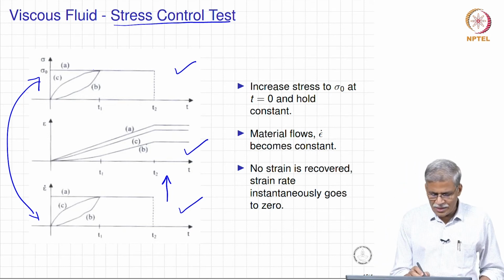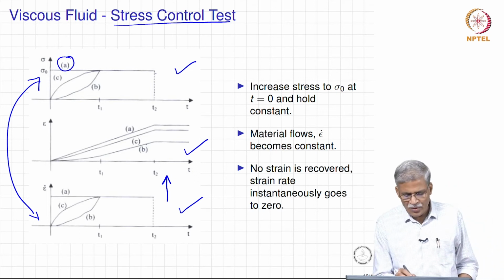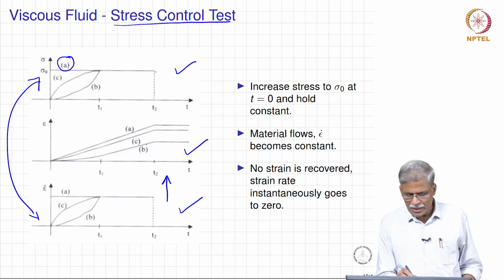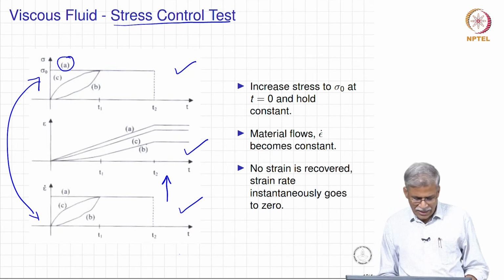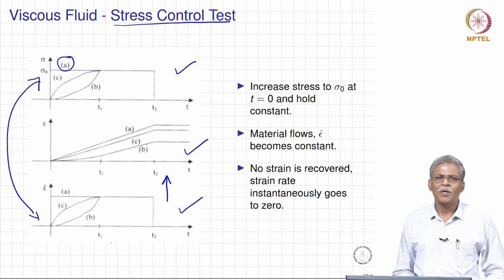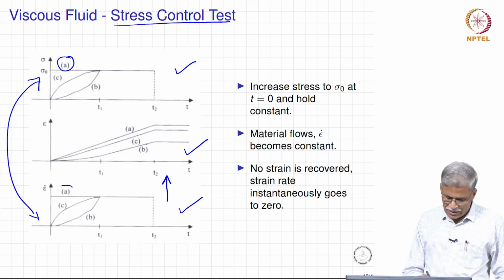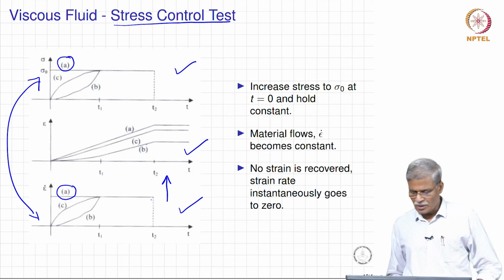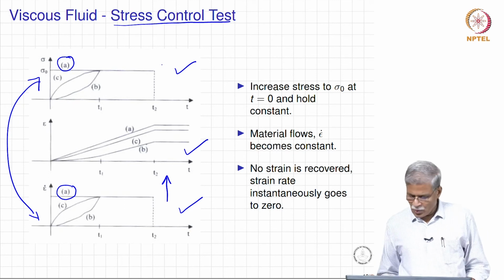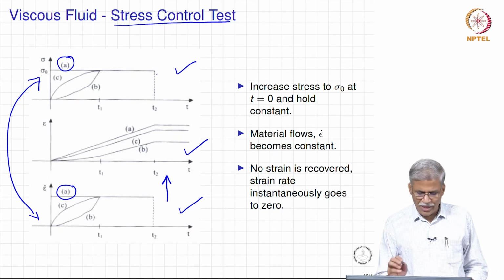We increase the stress to sigma naught; please focus your attention on the stress path A, and we hold it constant. Now, if you use the equation shown earlier, epsilon dot is also going to be constant and the material starts flowing. So, epsilon dot remains constant, and no strain is recovered.